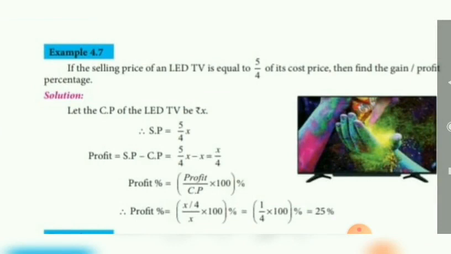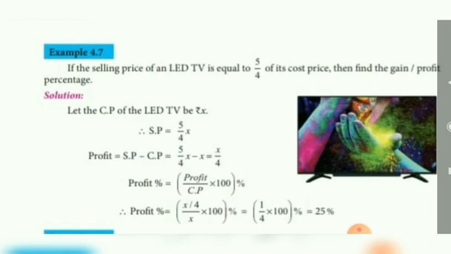Let the cost price of the LED TV be x. Selling price is 5 by 4 of x. Is it profit or loss? Profit, because the selling price is greater. Profit is selling price minus cost price, that is 5 by 4 x minus x. The LCM of 4 and 1 is 4, so that is x by 4.